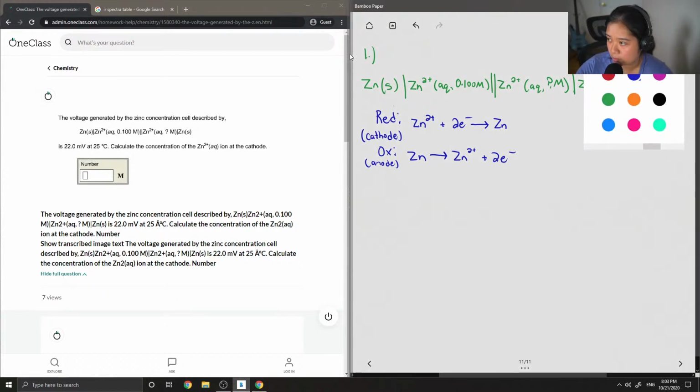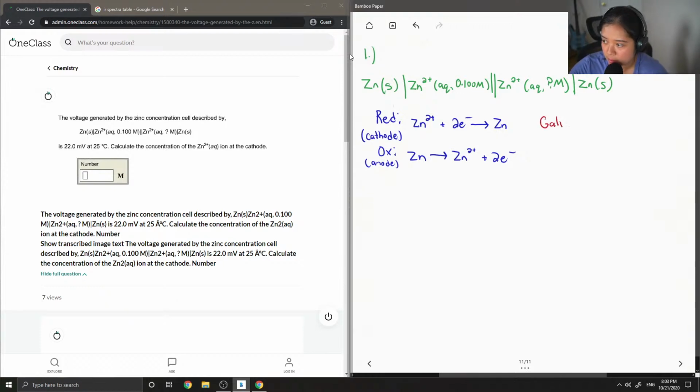So I'm also going to write down the definition of a galvanic cell. So this converts chemical energy to electrical.